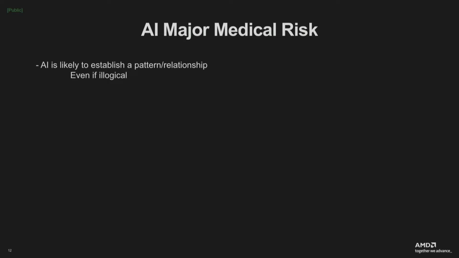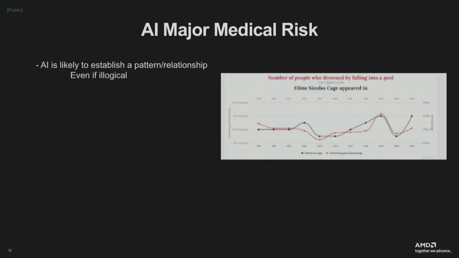Biggest risk is it will identify patterns when no meaningful patterns exist. Okay. The report which says the number of films in a year that Nicolas Cage acted in and how it's related to the number of deaths by drowning. How many people drowned in a year is related to the number of films that Nicolas Cage acted in.